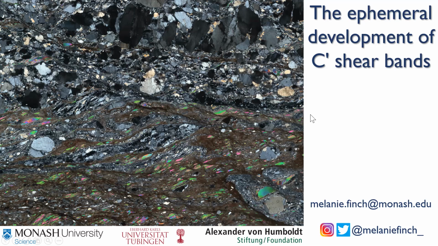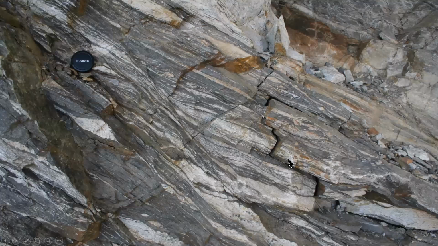And this is a thin section from one of the shear zones that I've worked in, the Zanskar shear zone in the Northwest Himalaya. And you can see here that there are different domains within this rock that are deforming quite differently. This thin section came from this outcrop, and you can see here that we have these light and dark bands.